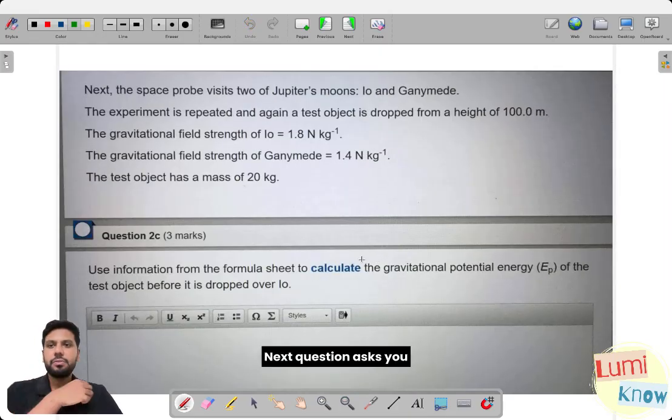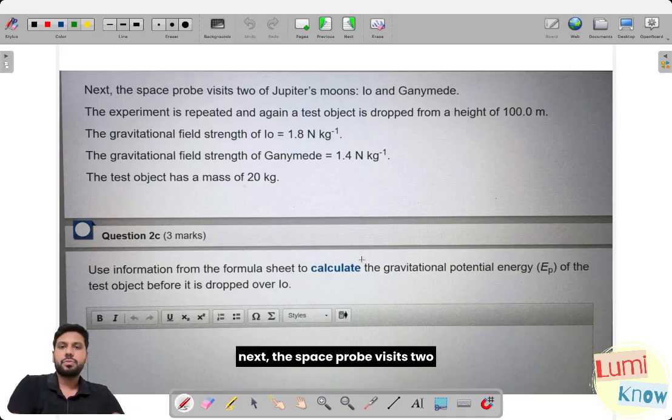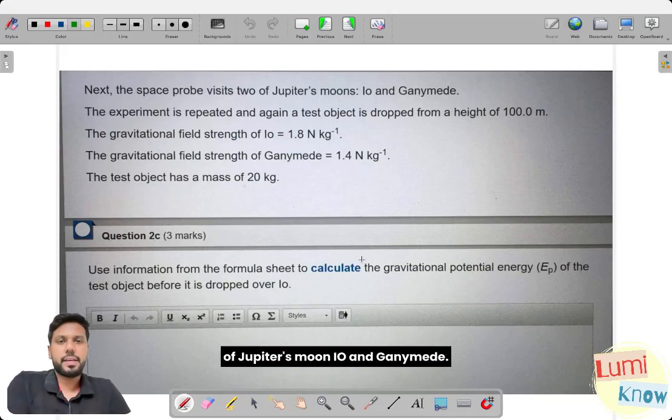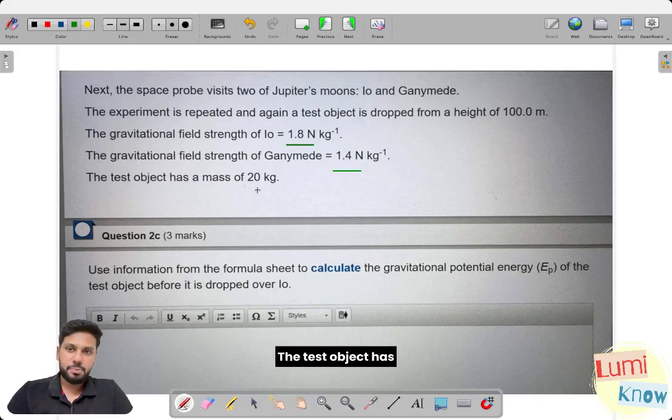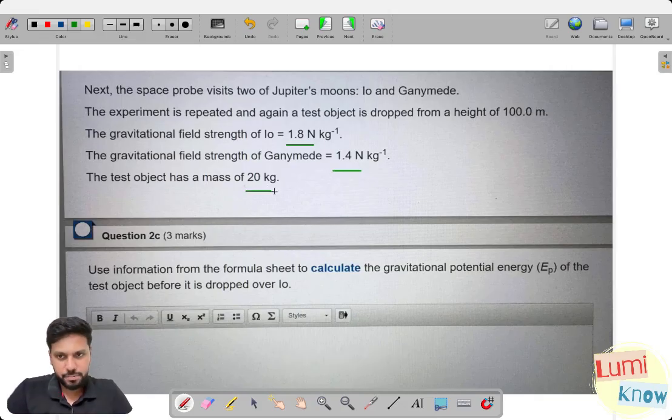Next question asks you, the space probe visits 2 of Jupiter's moons, Io and Ganymede. The experiment is repeated and again a test object is dropped from a height of 100 meters. The gravitational field strength of Io is this much and the gravitational field of Ganymede is this much. The test object has a mass of 20 kg.